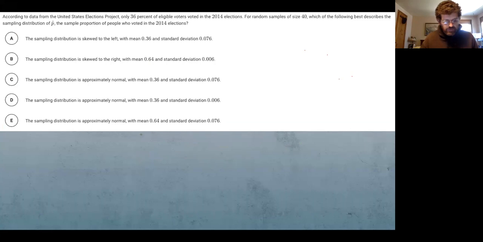p hat? Okay, so we have a sample size n equals 40. We have a population proportion of 0.36. Let's see, it doesn't really give us anything else, but that's okay. All right. We know that a sampling distribution for proportions, this sampling distribution mean, is going to equal the population proportion.